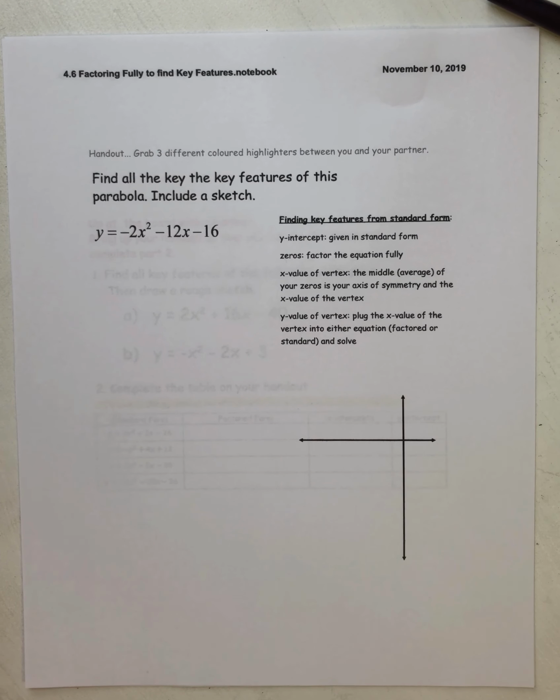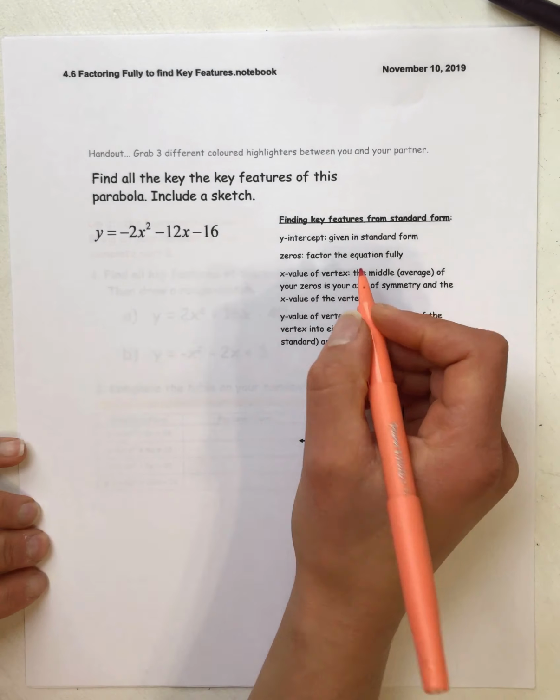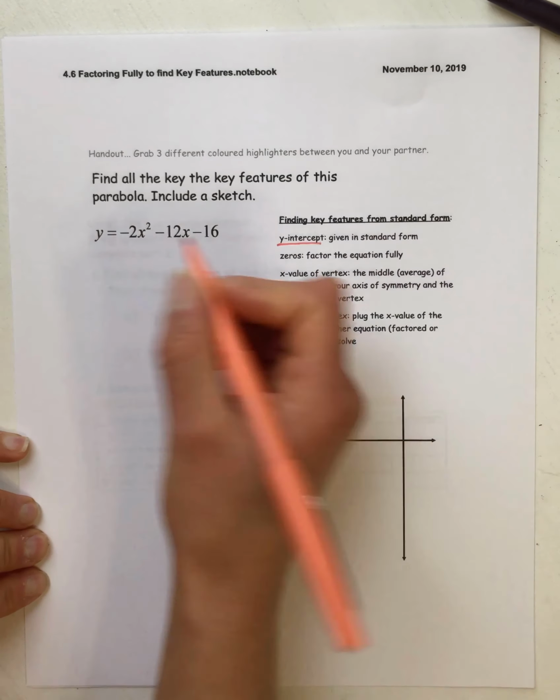Okay, so when we're looking at this, we're going to do the exact same thing we did yesterday in the exact same steps. We're just going to add one thing, which is we may have to factor one more time, right? We might have to find the greatest common factor. So our very first step that we did the other day was the y-intercept.